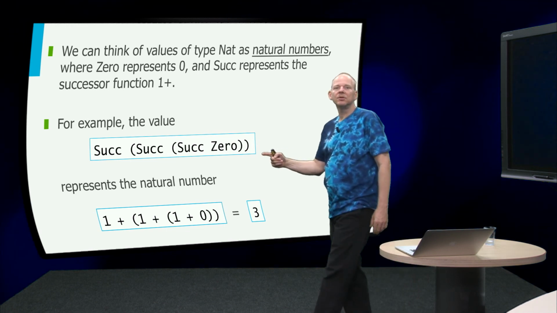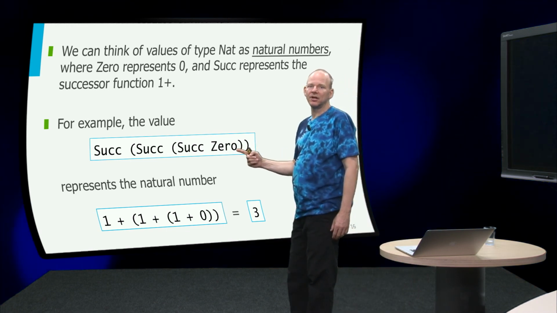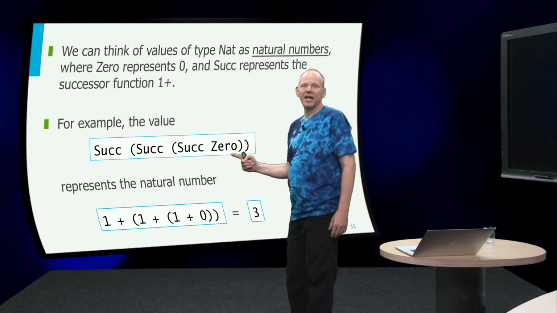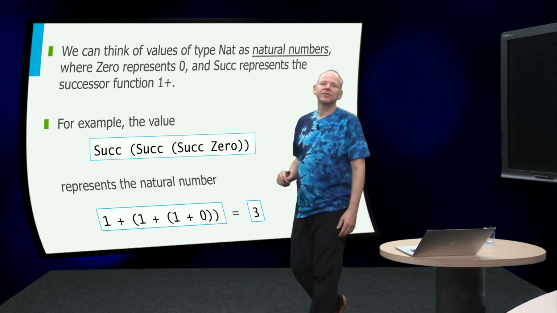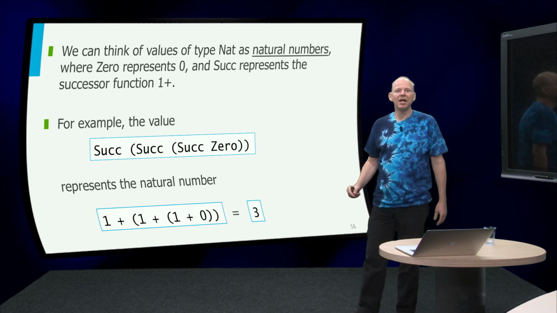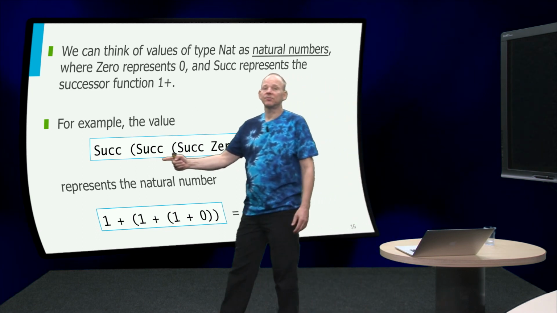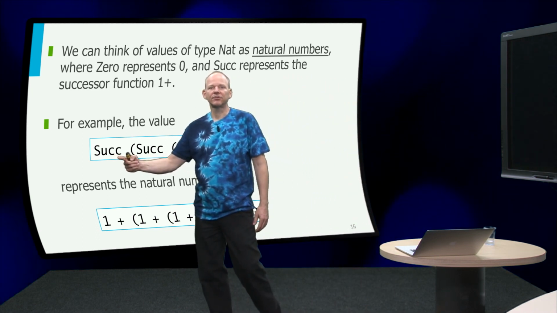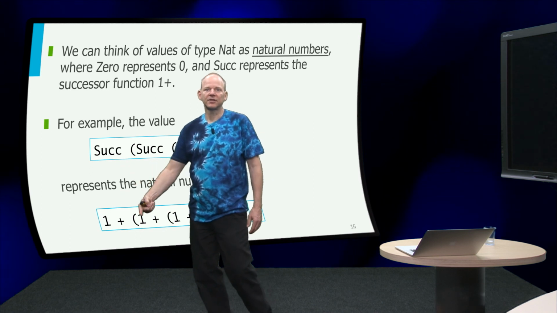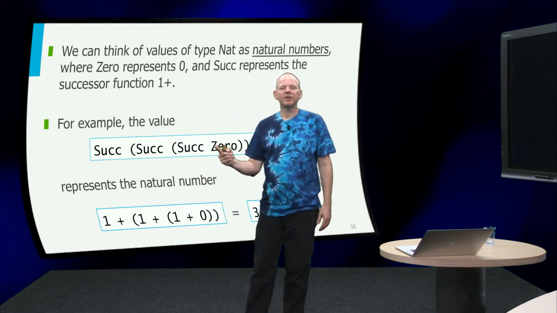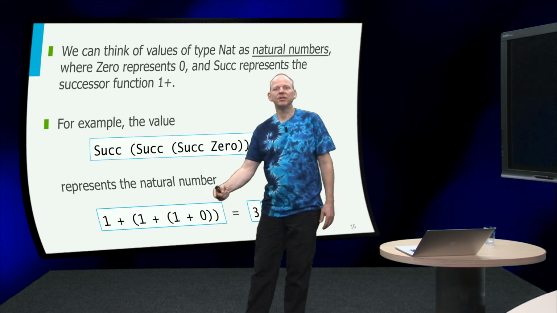What we can do is take an instance of this Nat type and map it to an integer. The way we do that is we turn every occurrence of the Suc constructor into 1 and every occurrence of 0 into 0.